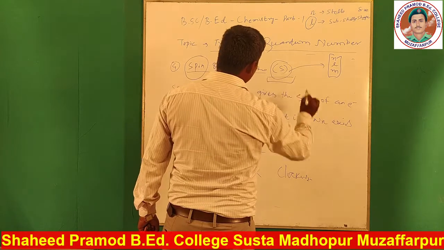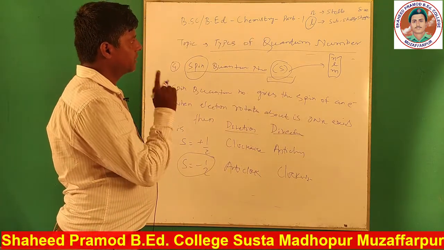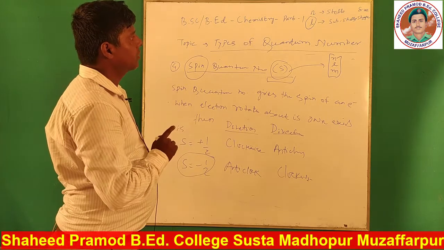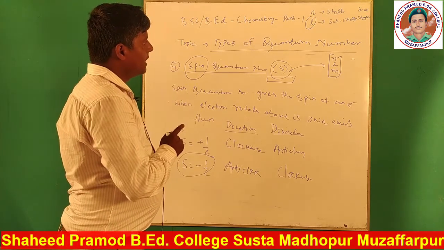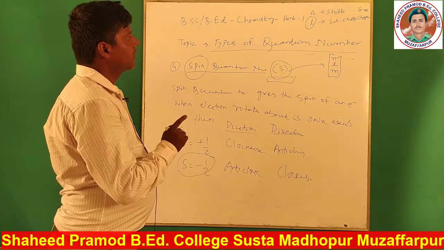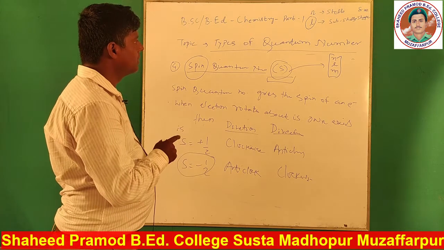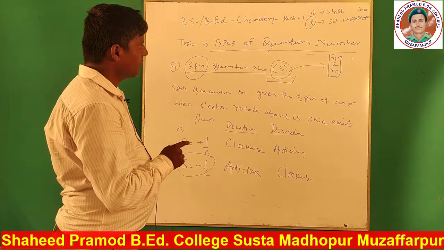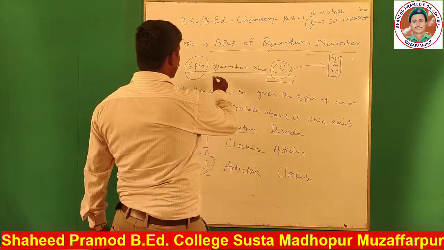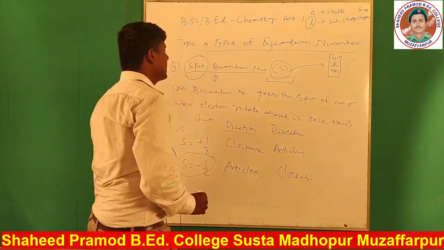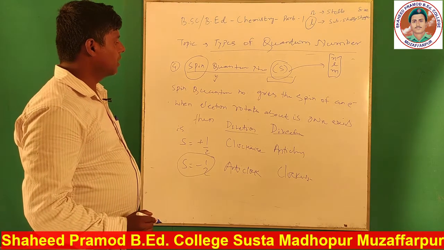So, a final brief of the quantum numbers: the principal quantum number gives the address of shells as well as size of the electron. The azimuthal quantum number L gives the location of subshells as well as shape of the orbital. The M gives the orientation of an electron, and last but not the least, spin quantum number gives the spin or direction of the electron present in the orbital around the nucleus.